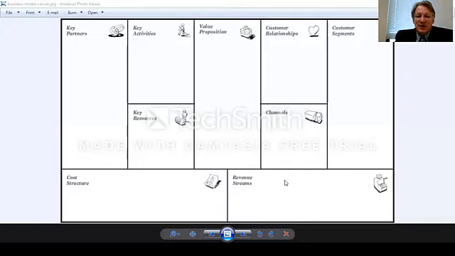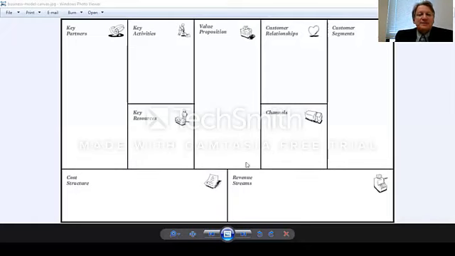How do we get paid? Secondly, you may have streams of different types of services or products. For example, Apple has streams of revenue coming from the iPhones, from the iPads, from various software services. So that would be a way to track the different streams of revenue coming in.